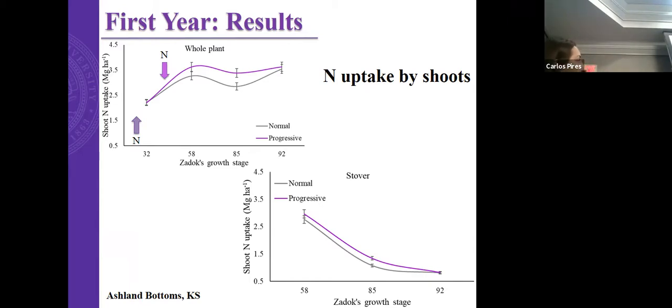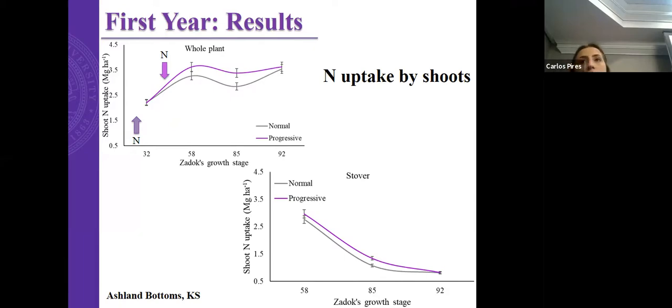In the bottom, we see in the light purple the N application a little bit before the Zadoks 32 for the normal, and the first application for the progressive. And then in the top, you can see when it was the timing for the second progressive N application. So basically, we can see here for the whole plant that progressive actually absorbed more nitrogen over the growing season.